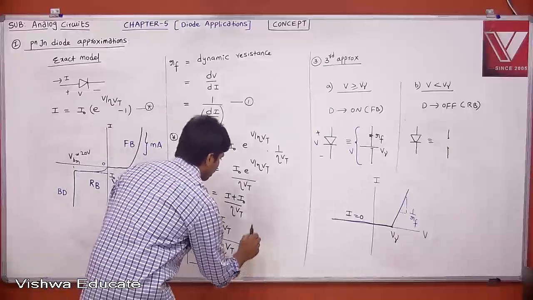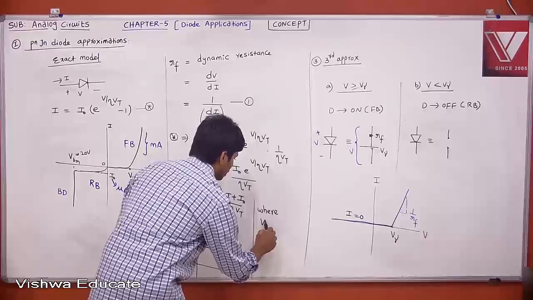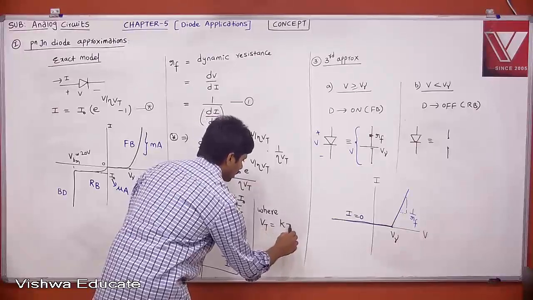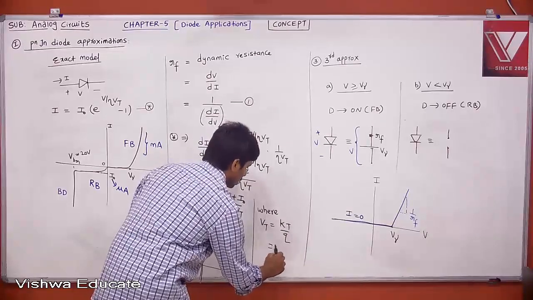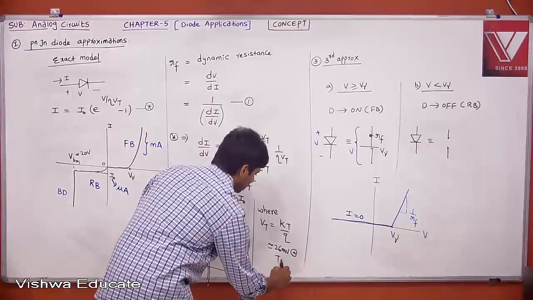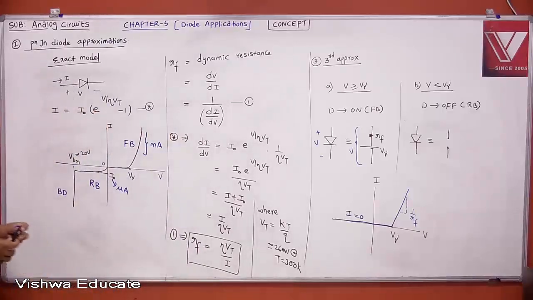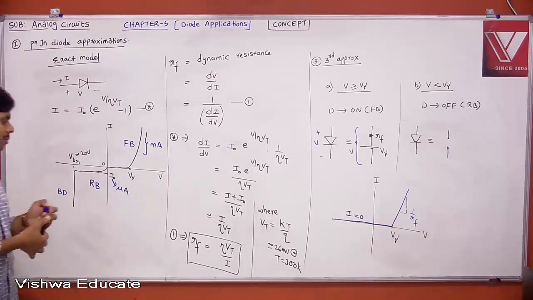What is Vt? Vt is nothing but kT by q, which is 26 millivolt at room temperature, or 25.9, anything is fine. And I is nothing but your forward bias current, or your bias current.